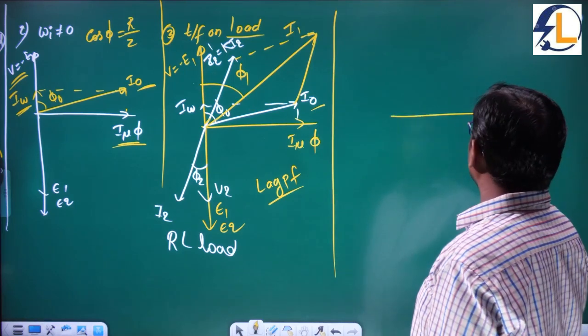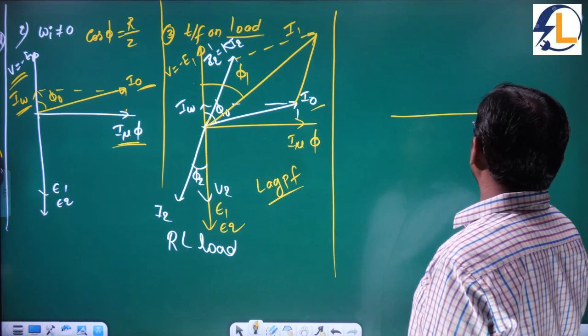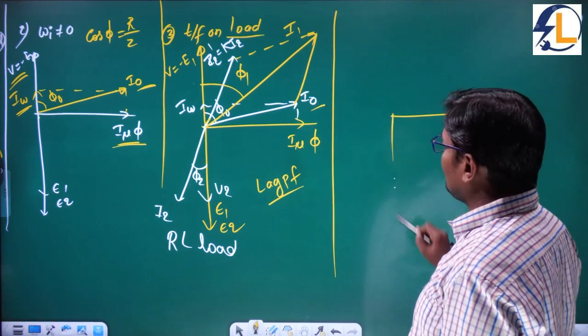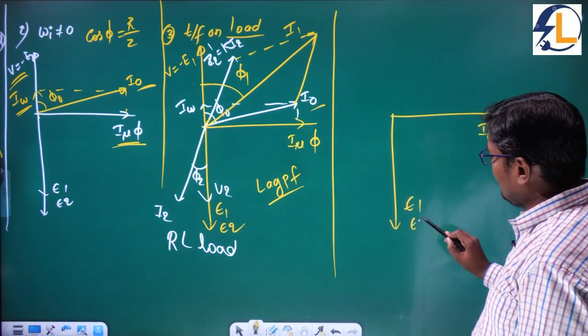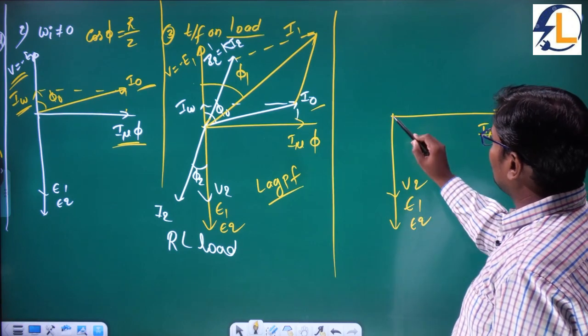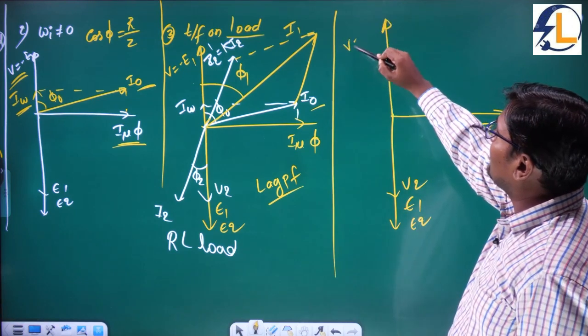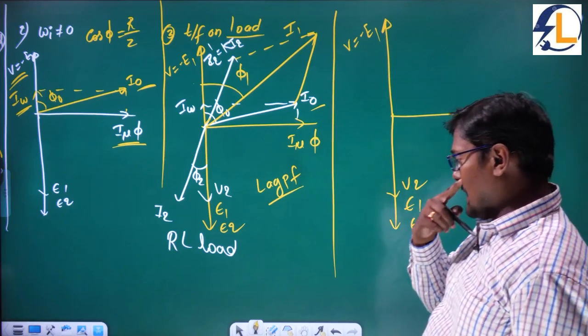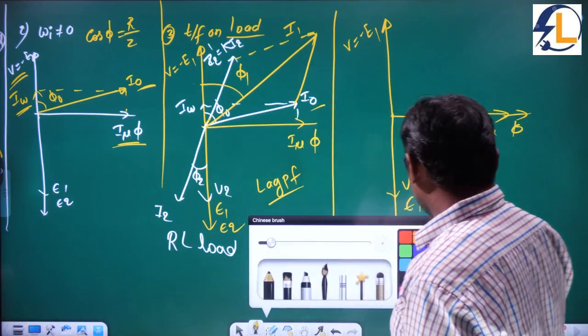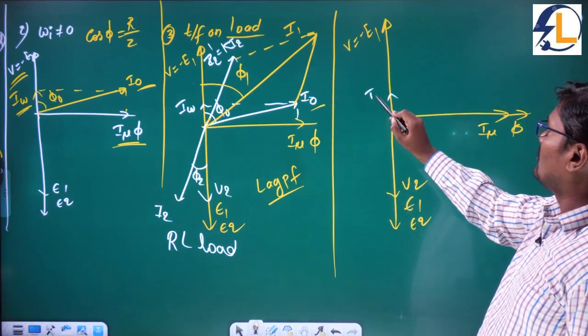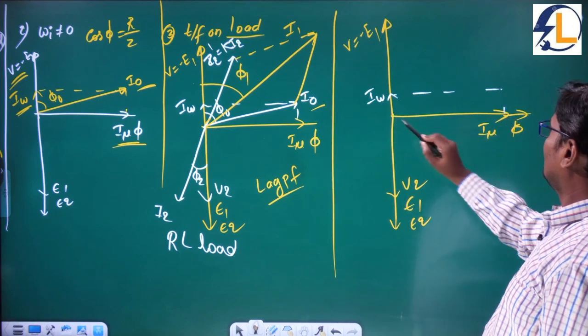So if you are going for the leading power factor, this is E1 and E2, and V2 is also in phase by neglecting the no load angle. See, this is called the wattful component of the current.